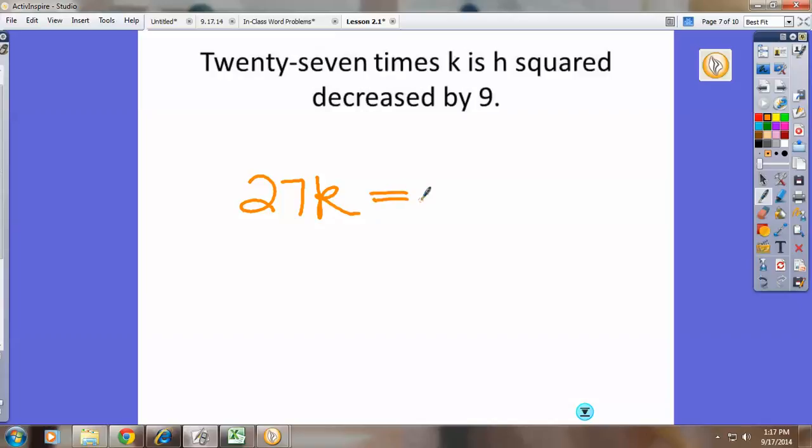That's h to what power? The second. H to the second power. Decreased by minus 9. If it was to the third power, what word might they use? Cubed. Or they might actually say to the power of 3, to the third power.